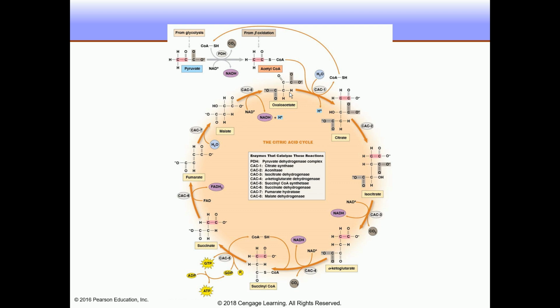Because this cycle operates 2 times per 1 molecule of glucose, the net or total output is 2 molecules of ATP, 6 molecules of NADH, and 2 molecules of FADH2. And how many molecules of carbon dioxide are released in every cycle? 2 molecules of carbon dioxide. But for 1 molecule of glucose, this cycle operates 2 times, so 4 molecules of carbon dioxide are released.